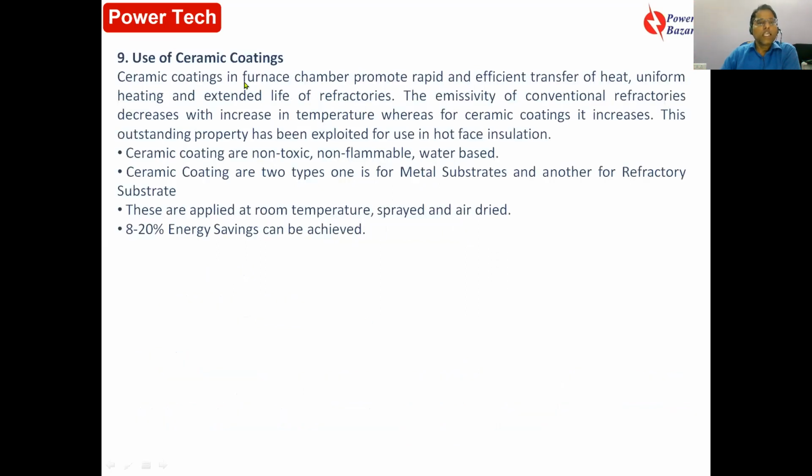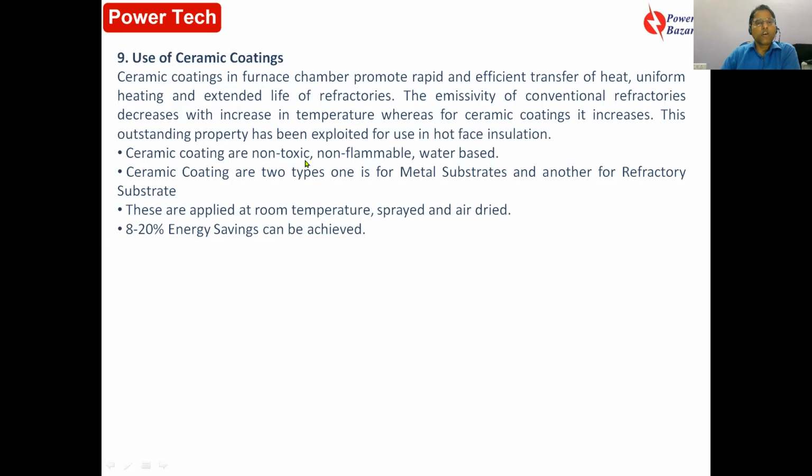Now ceramic coatings basically promote rapid and efficient transfer of heat, uniform heating, and extended life of refractories. Now, emissivity of conventional refractories decreases with increasing temperature, whereas for ceramic coating it increases. The ceramic coating can be applied on metal or on refractory, but typically its properties will have to be different.